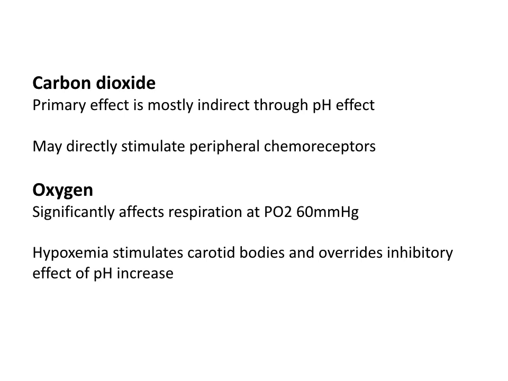However, if your partial pressure of oxygen drops below 60 millimeters of mercury, the hypoxemia that you've now created can stimulate your carotid bodies, override this inhibitory effect caused by the pH increase, and actually lead to an increase in respiration rate.